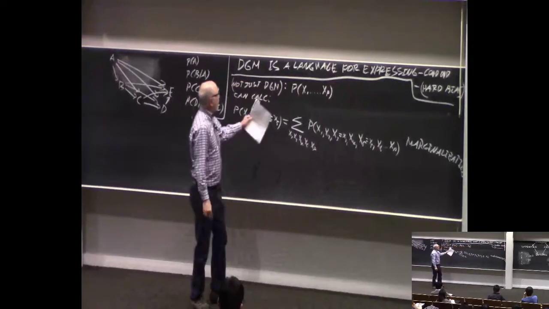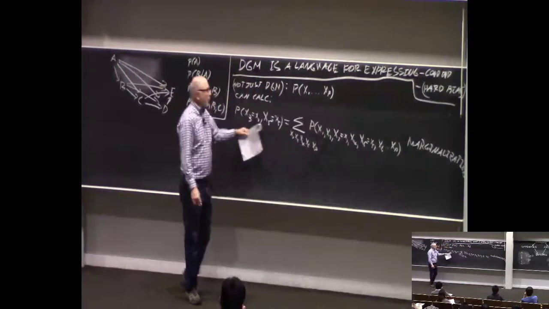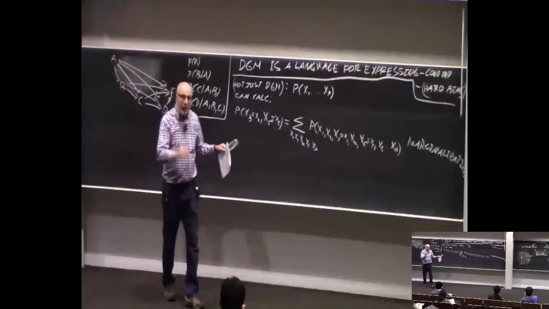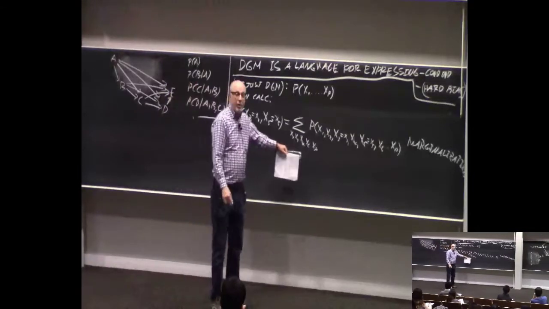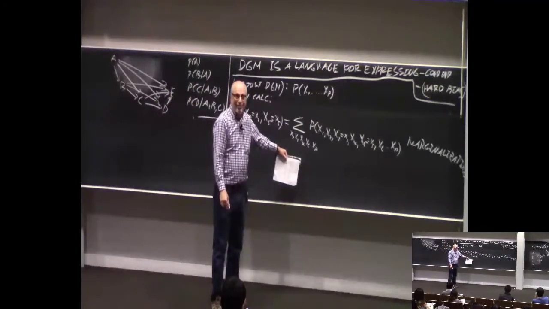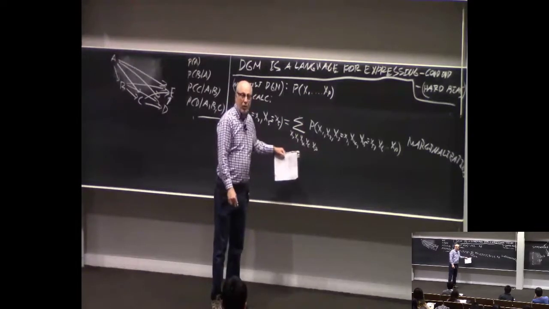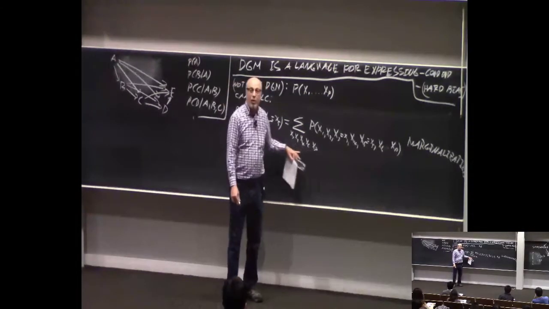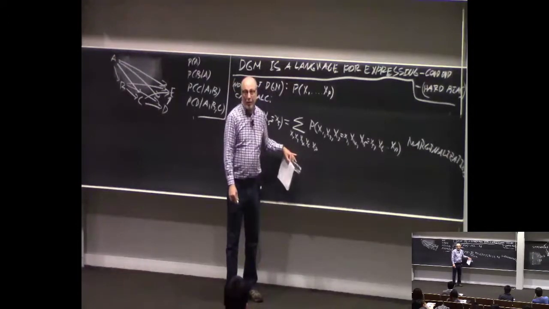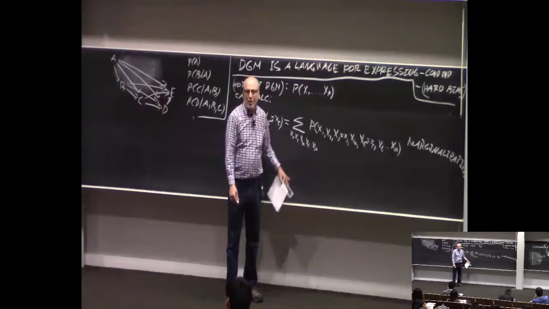So keep in mind that if you have this, you can calculate anything that looks like this. But this summation can be a killer. The number of terms you're summing over here, or the number of combinations that you have here, is exponential in p, right? Specifically in p minus 2, but that's the same as p.